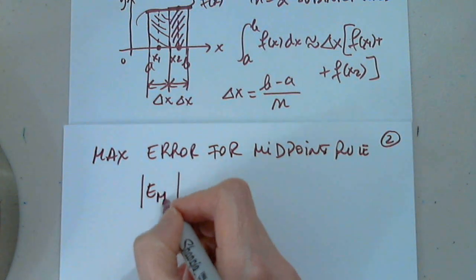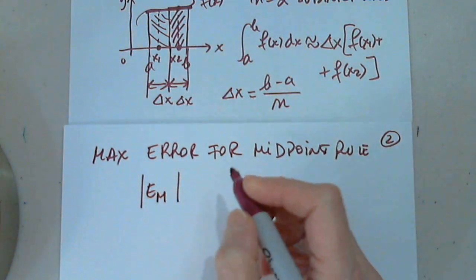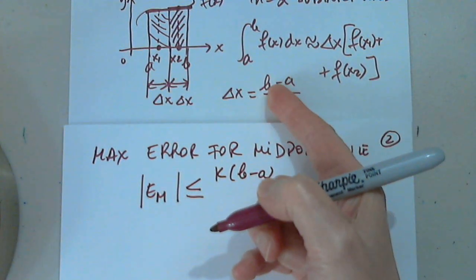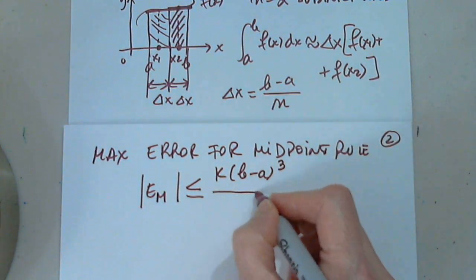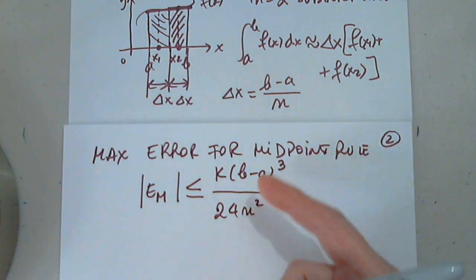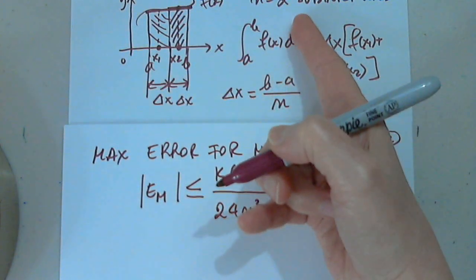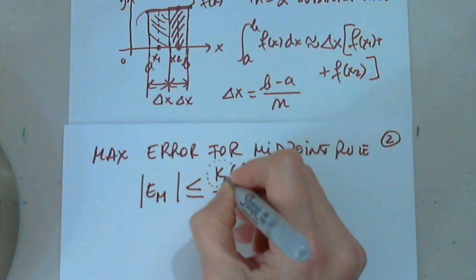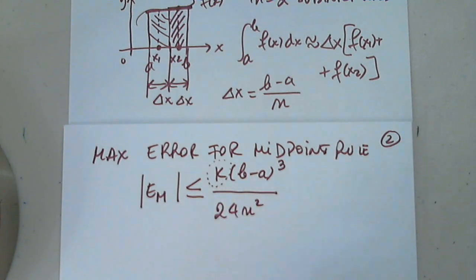So E midpoint rule is less than or equal to k, b minus a, we know what they are, to the third power, divided by 24 n squared. We know what n is, the number of subintervals. We know what b minus a is. The question is, what is this constant, k?